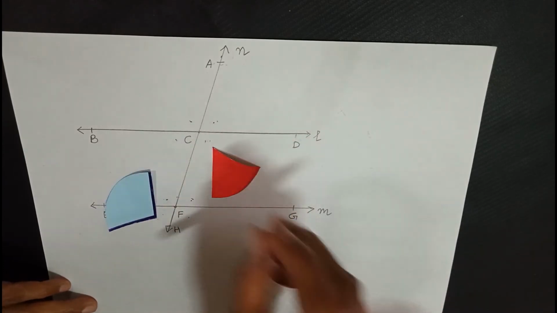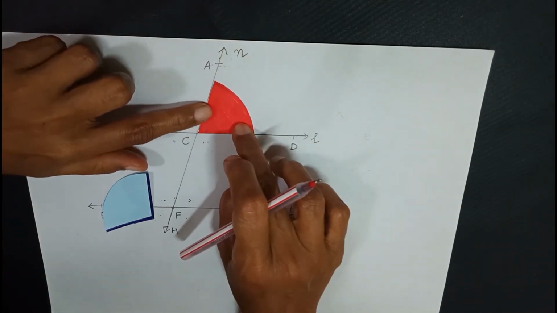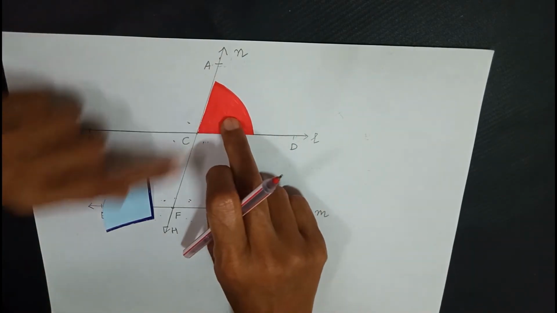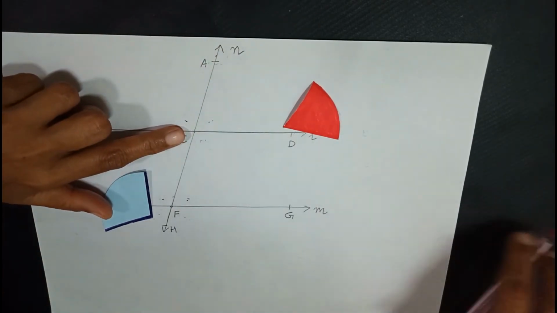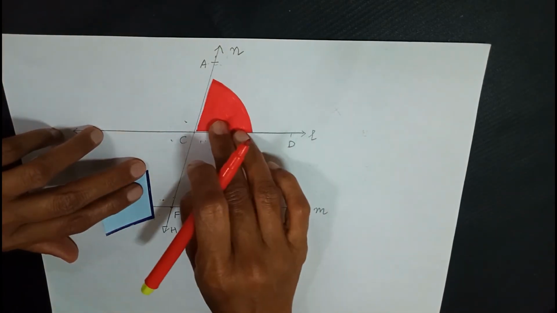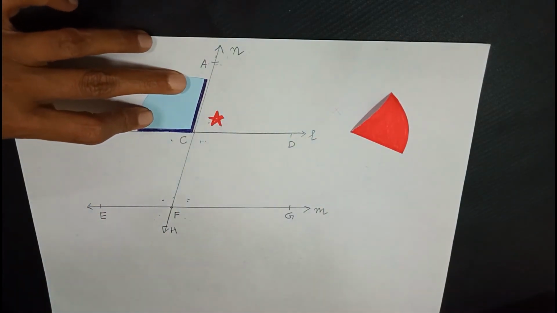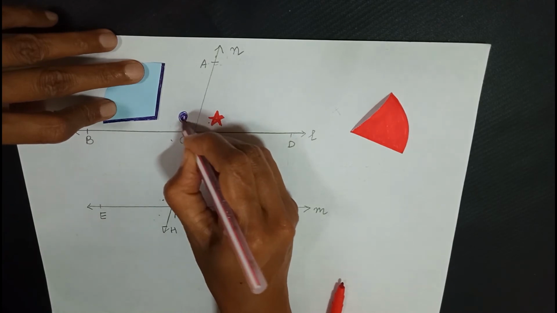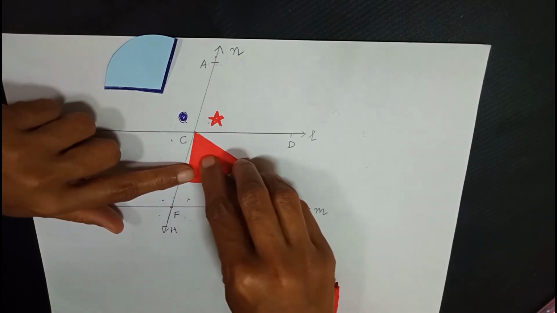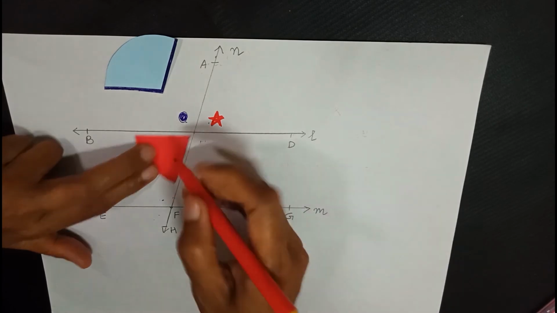So let us say I'm using a small chart cutout made of the exact measurement that is given here. So you can see this red part is equal to this angle. I'm just making a mark. So this is represented by the red and this one is represented by the blue color. So let us see which angles will be equal to this red. When I place it, you can see that this angle is also equal to the red part.